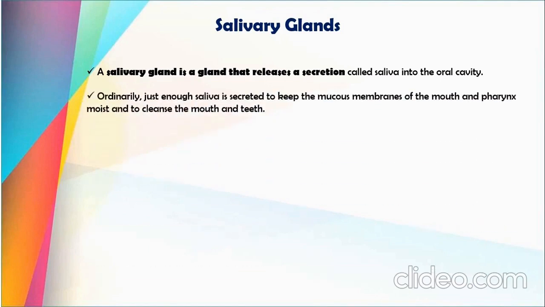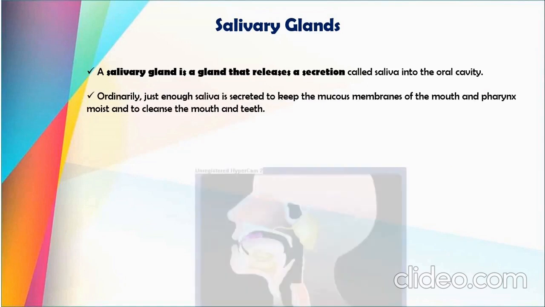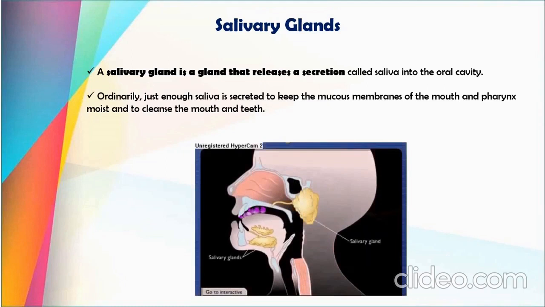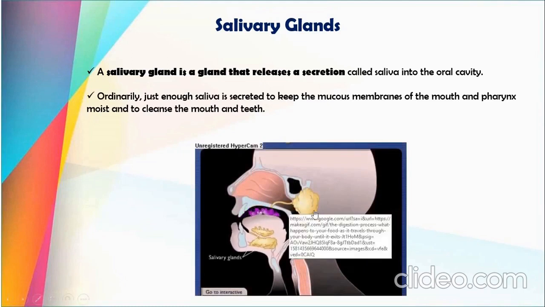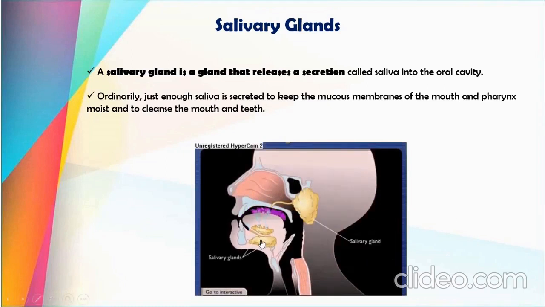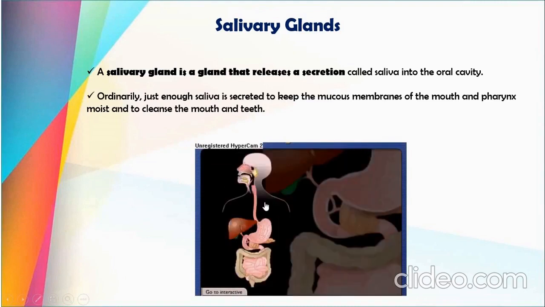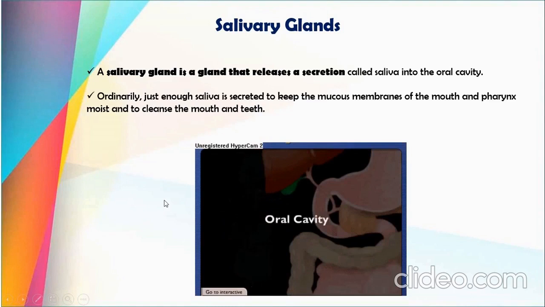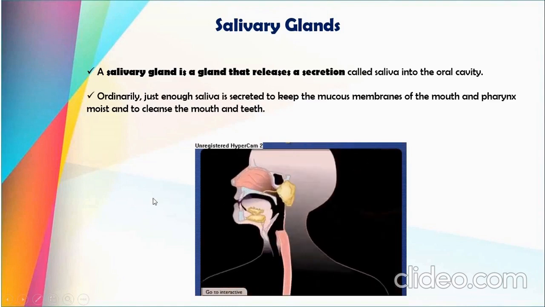Ordinarily, just enough saliva is secreted to keep the mucous membrane of the mouth and pharynx moist and to cleanse the mouth and the teeth. Now in this diagram, these are the salivary glands, and these salivary glands release saliva into the oral cavity.